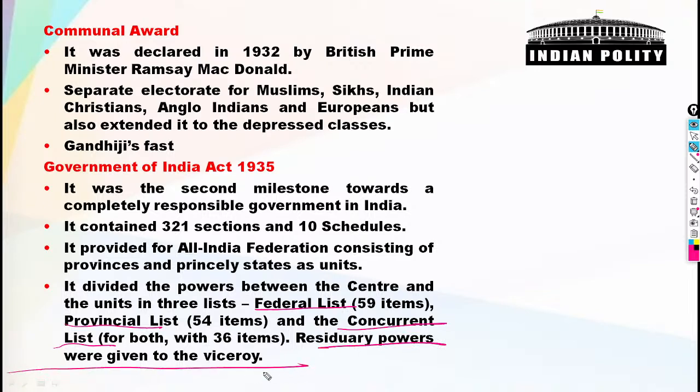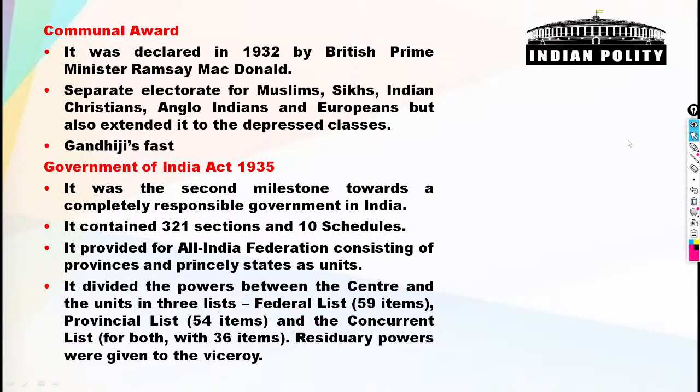Residuary powers refer to the powers over subjects not mentioned in the three lists. But now under the Indian constitutional system, the residuary powers are vested in the center under Article 248. So therefore, this is federation.